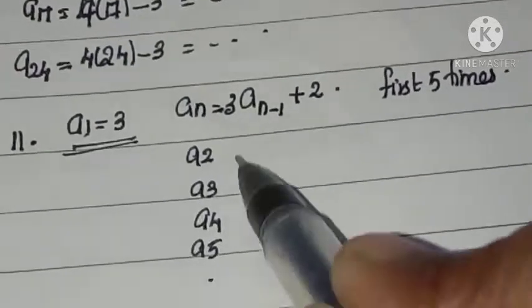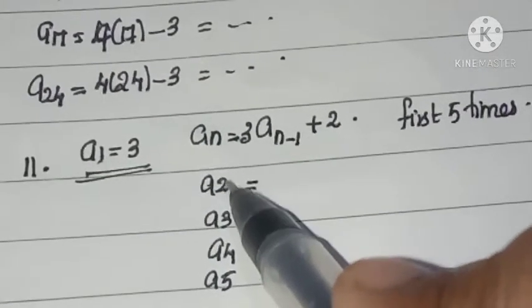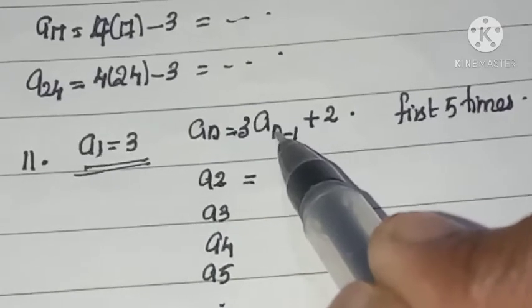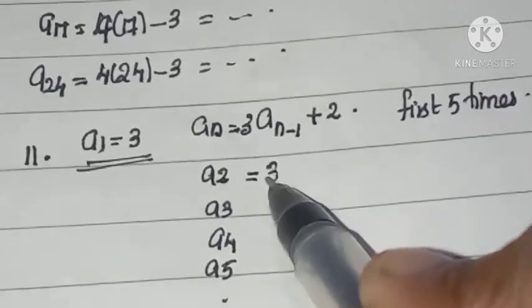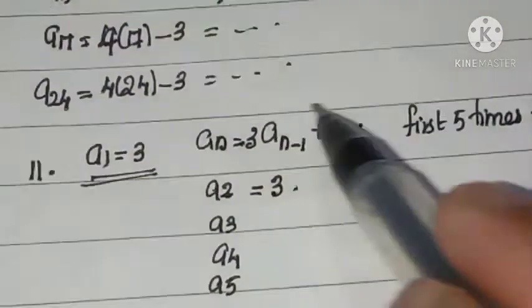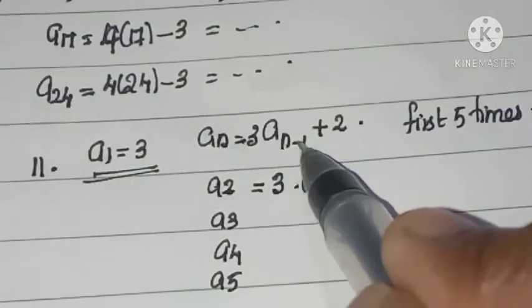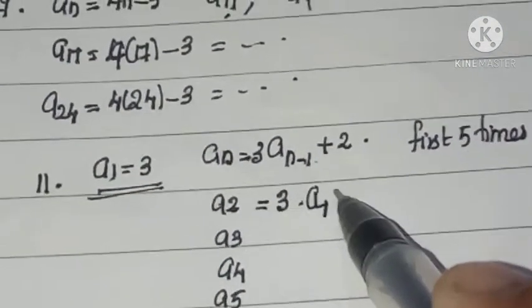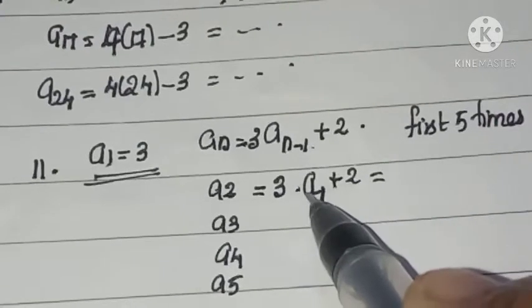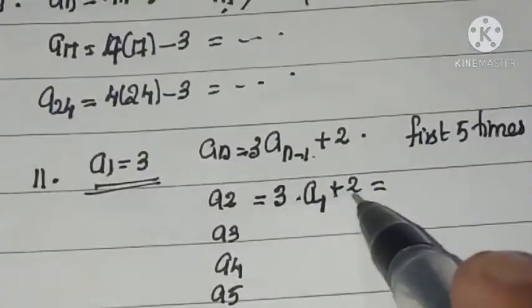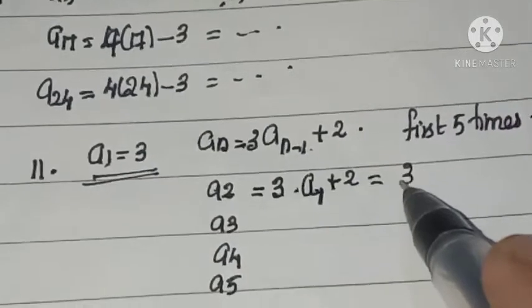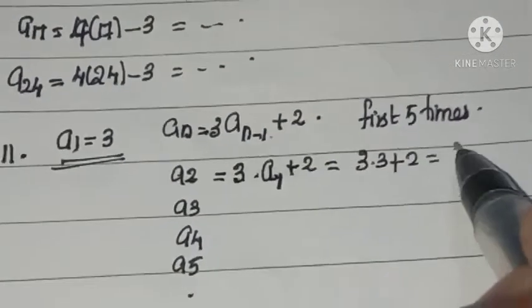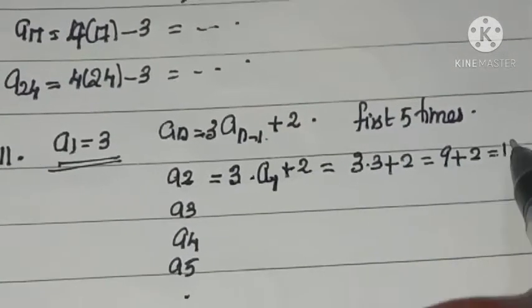Now a2. a2 means n equal to 2. So put n equal to 2 here. So 3 into a(2 minus 1). 2 minus 1 is 1. Now what is a1? a1 is 3. So 3 into 3 plus 2, that is 9 plus 2, 11.